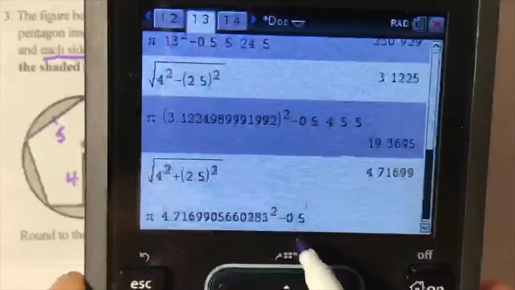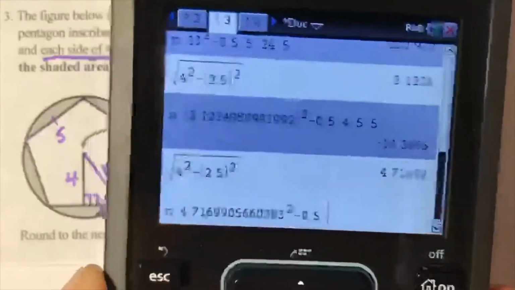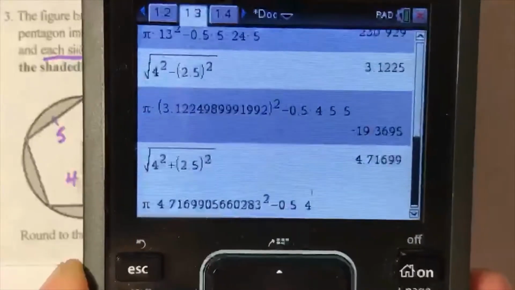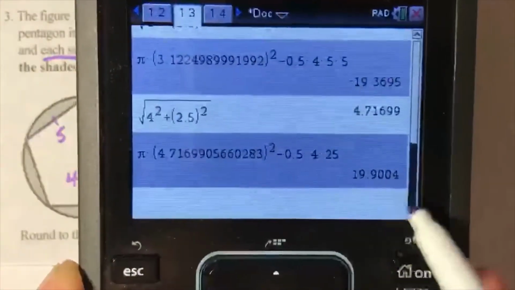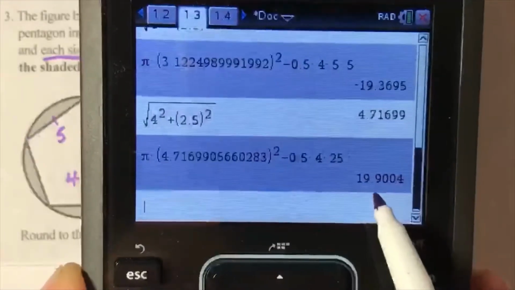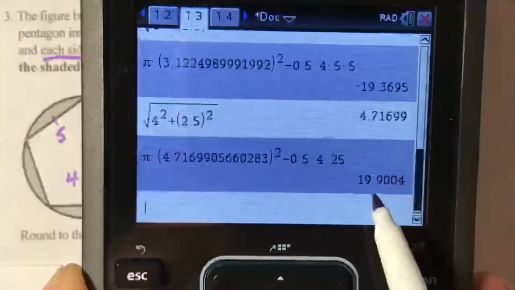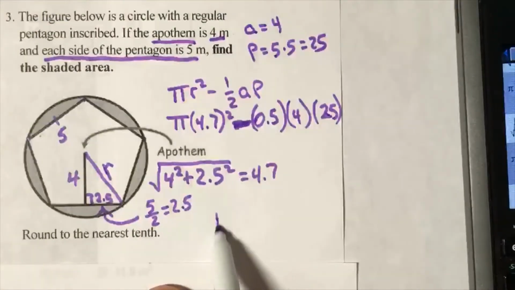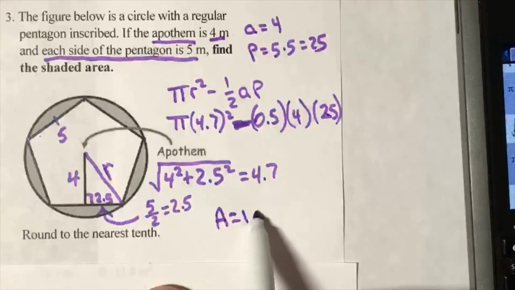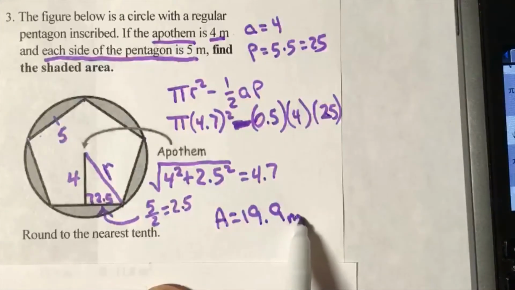So 1/2 times the apothem, 4, times perimeter, 25. Okay, this is when you're going to round to 19.9. And that's going to be meters squared. So the area is equal to 19.9 meters squared.